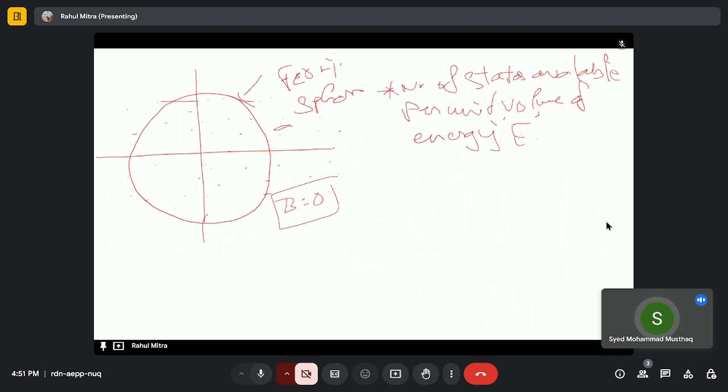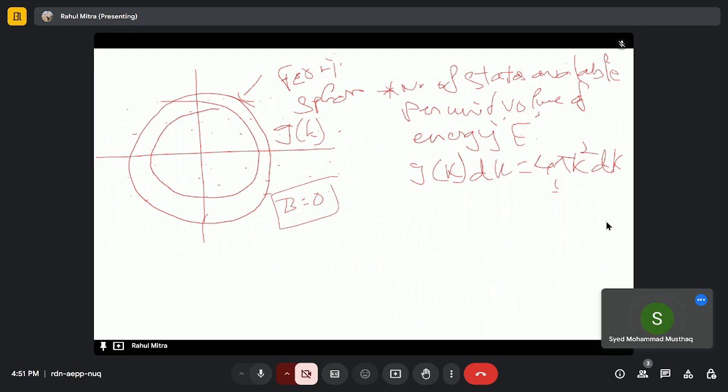And if I represent this function as g(k), then g(k) dk will be equal to 4 pi k squared dk. This is the surface area of the sphere times the thickness, right? So if I take a sphere of thickness dk, now the volume occupied by one state, right?